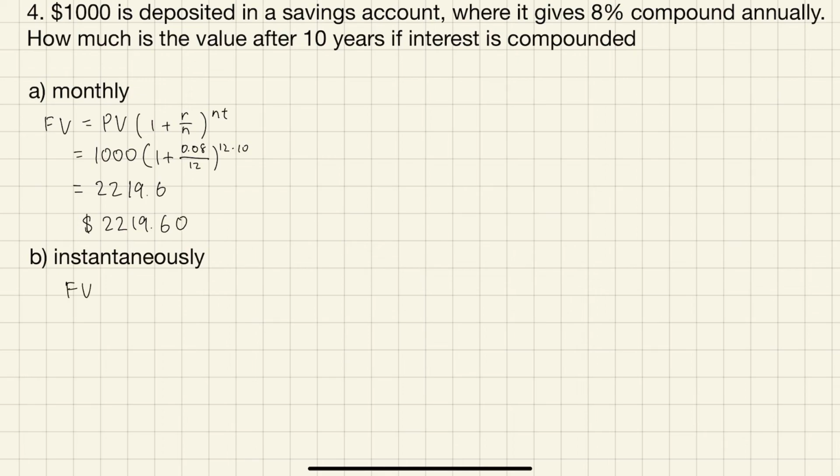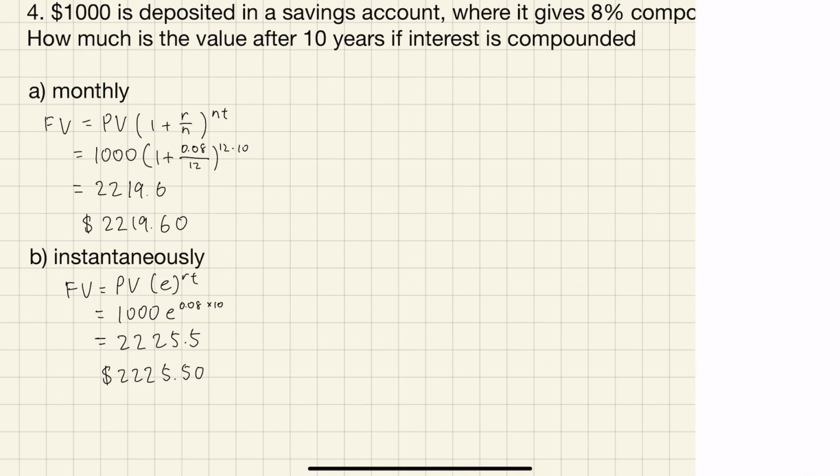As for calculating interest instantaneously, we'll use the equation FV is equal to PV times e to the power of rt, which is 1000 times e to the power of 0.08 times 10. This will get us 2225.5. And there we have it, 4 exam-style questions on exponents and logarithms.